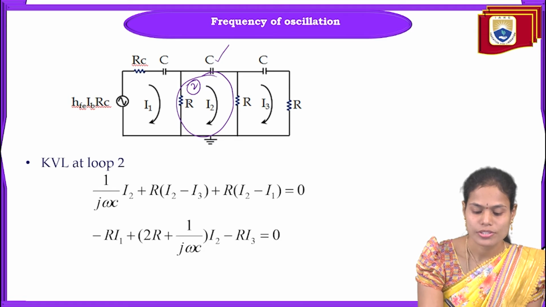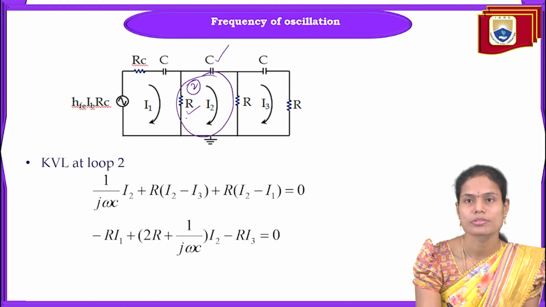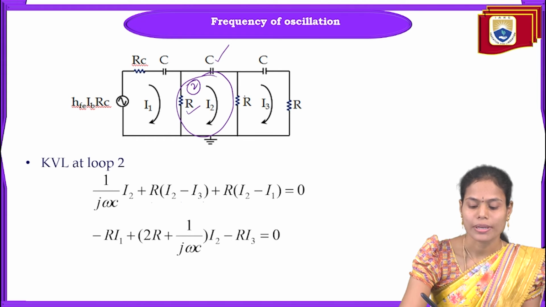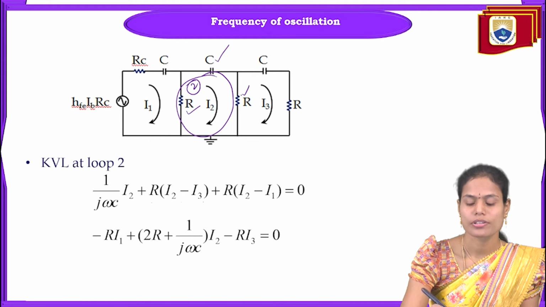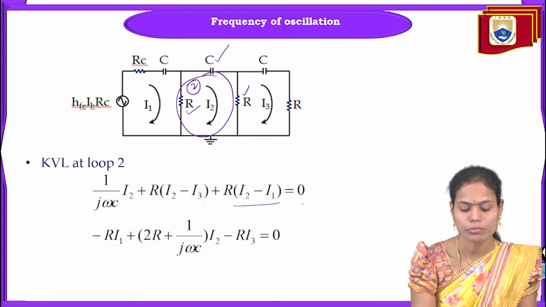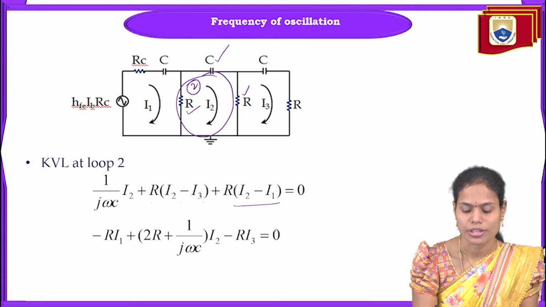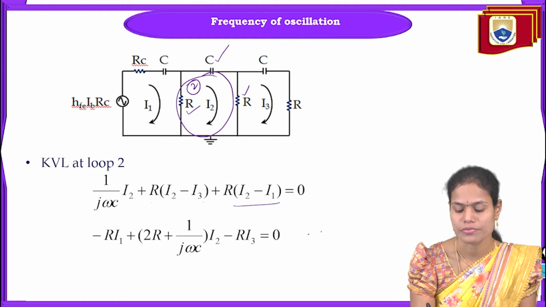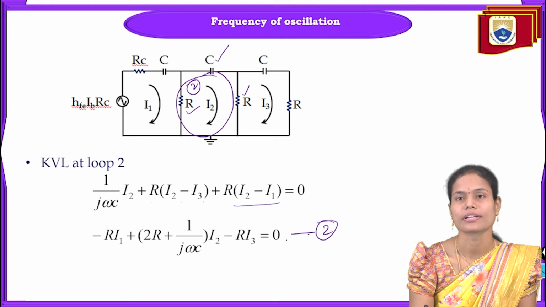And this resistance, that is R into (I2 minus I3), plus the drop across this particular resistance, (I2 minus I1), equal to 0. So after simplification, we will get it as minus I1 R plus (2R plus 1 by j omega C) into I2 minus I3 R equal to 0. Take it as the second equation.